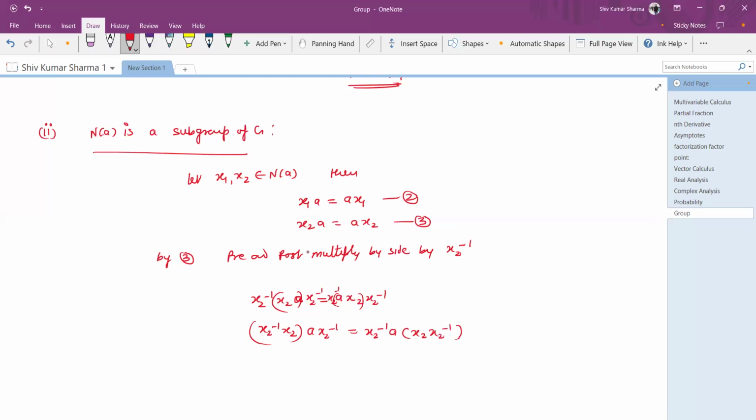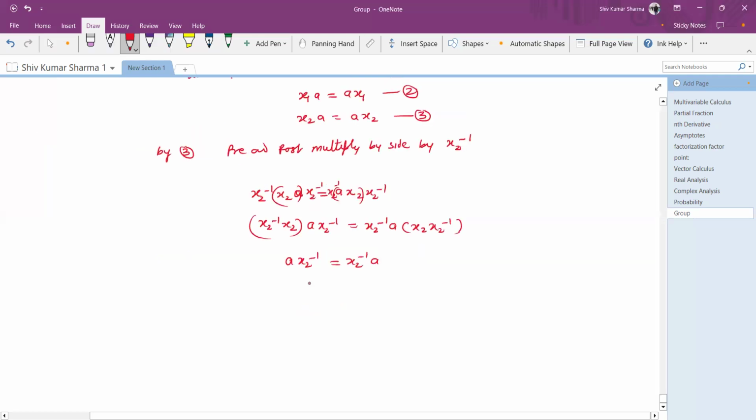This x2 inverse into x2 is identity. So this can be written as A into x2 inverse is equal to x2 inverse into A. So this is our equation number 4.